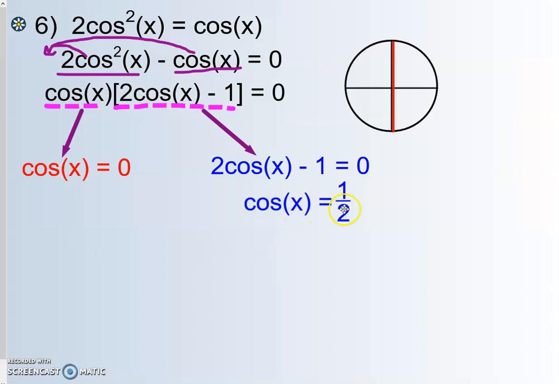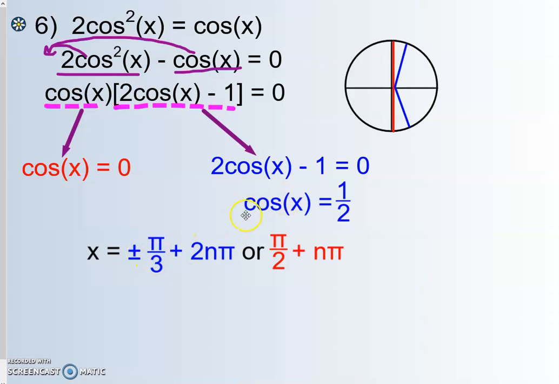Well, where is the cosine of x positive? In quadrants 1 and 4. Where is the cosine of x a half? It's at the steep angle in quadrants 1 and 4. So what are my answers? Well, my answer here is these two blue lines: plus or minus pi thirds plus 2n pi. Notice I went back to 2n pi because quadrants 2 and 3 don't work.